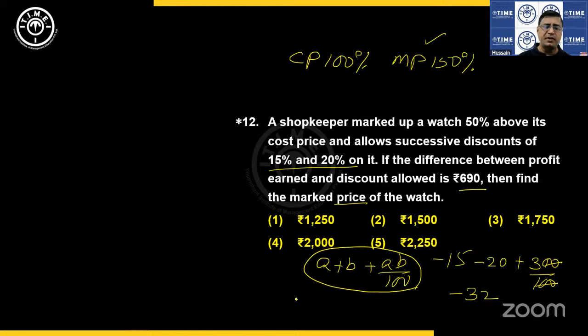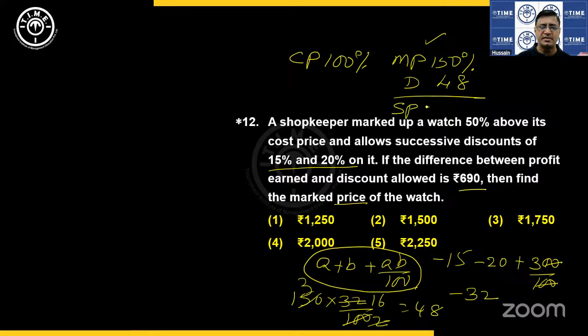On 150, 32% discount means how much is the value? 2 goes exactly 16 times, means 48 is the discount. Discount is 48 means what is the selling price? It is 102. The profit obtained is 2.